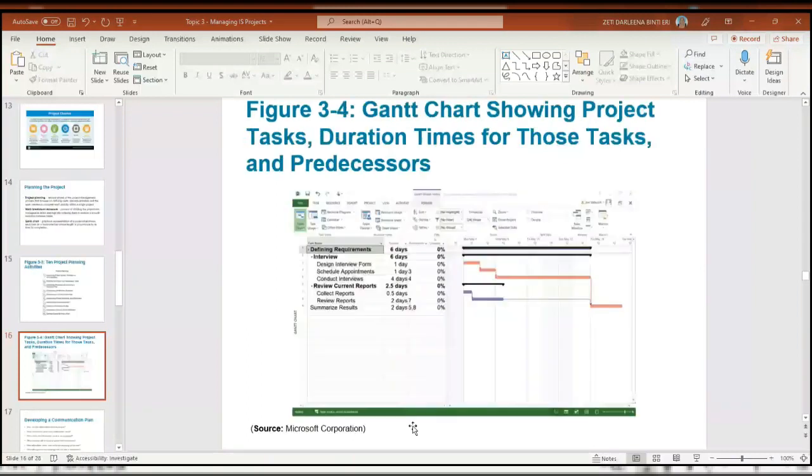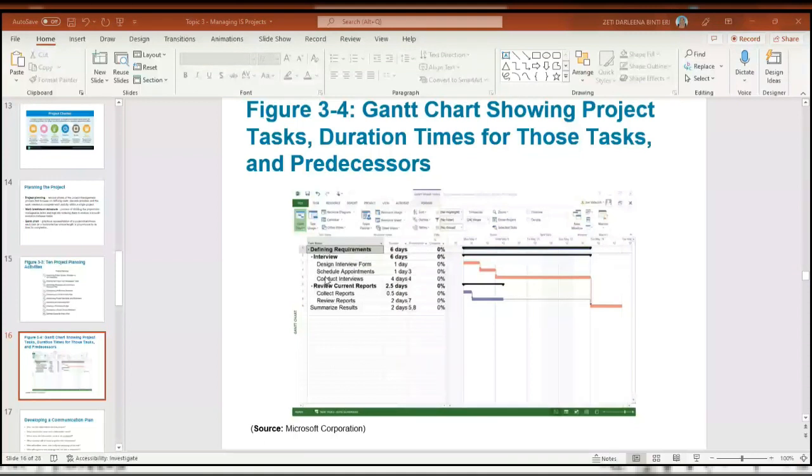Ini contoh Gantt chart. This is what kita refer sebagai Gantt chart. Dan kita guna Microsoft Project sebagai software untuk kita buat Gantt chart ni. So dekat sini ada a list of tasks.